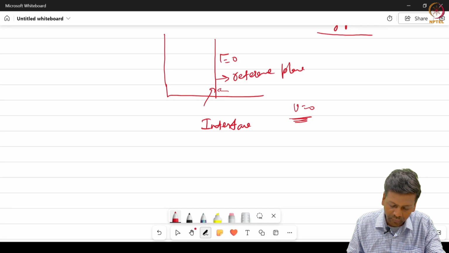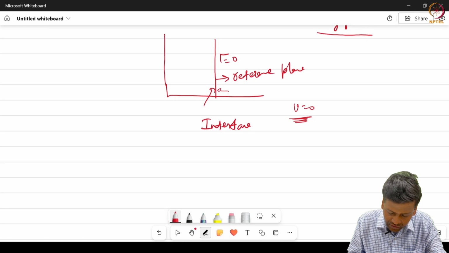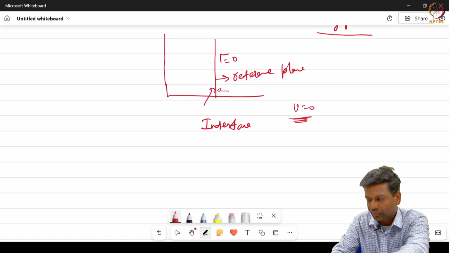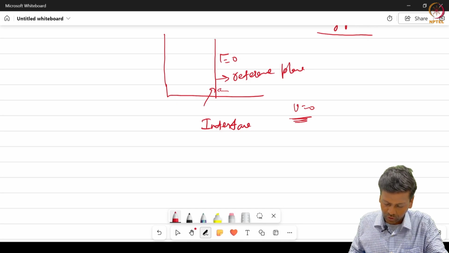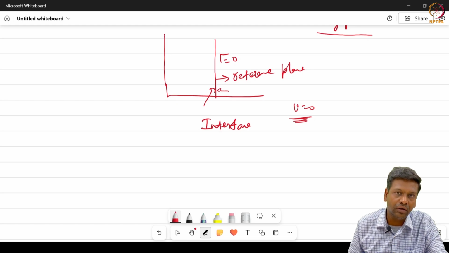So what is the advantage of this? Say for example, whenever you deal with a binary mixture, usually one would have solvent and the surfactant. If you choose the dividing plane for the solvent, usually solvent molecules do not have any tendency to adsorb at the interface, right.